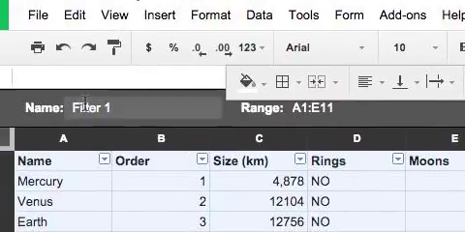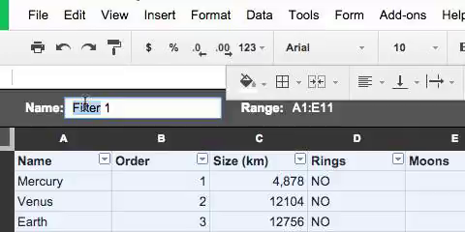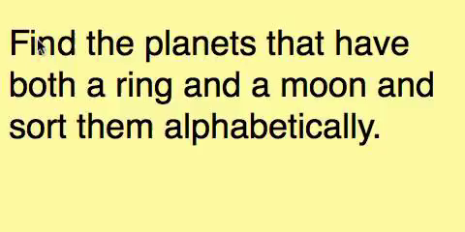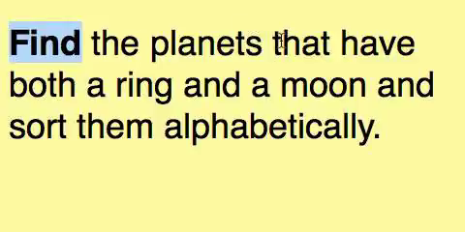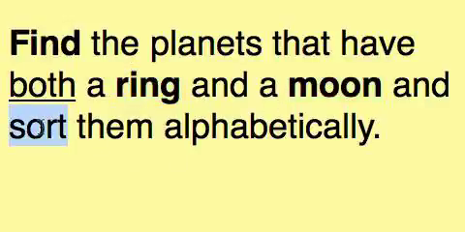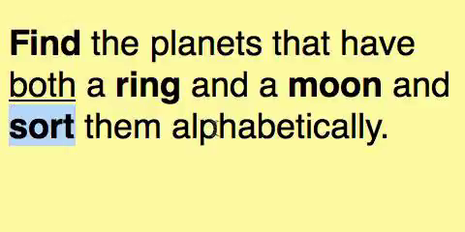We'll come over here, Planets 2. So this will be the Planets 2 filter that will be displaying a different value. So the Planets 2 filter should be, you want to find the planets, so that's filter, the planets that have both a ring and a moon, and sort them alphabetically.